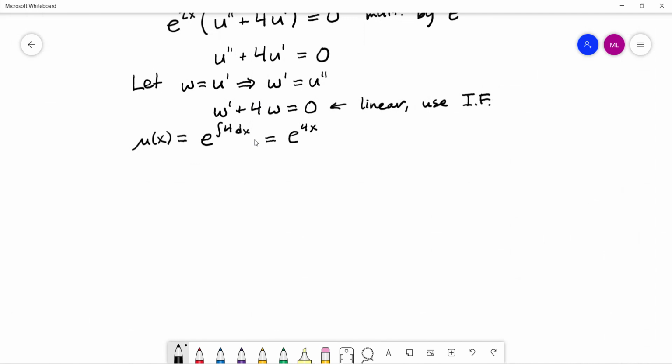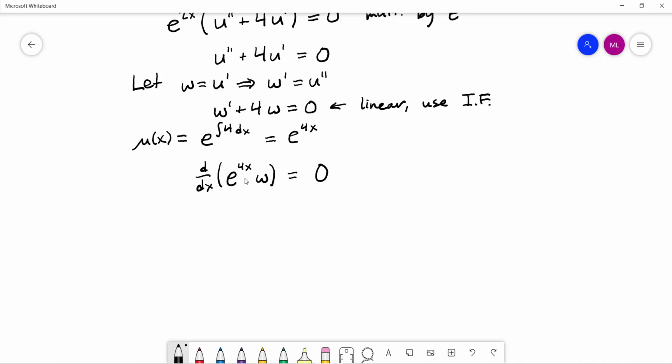And that tells me that we'll have d dx times e to the 4x times w on the left-hand side, and on the right-hand side, we still just have 0, because even when we multiply it by e to the 4x, we still have 0. So let's just check and make sure I didn't screw anything up.